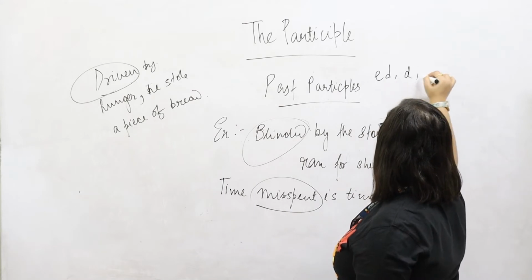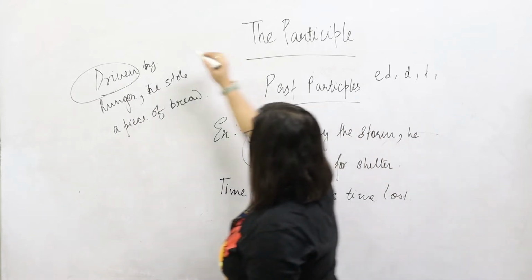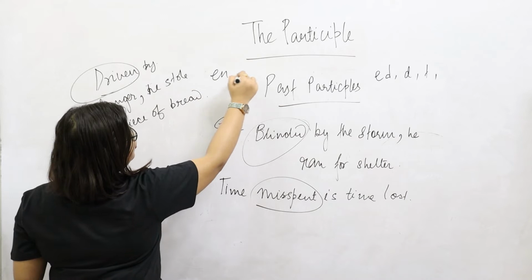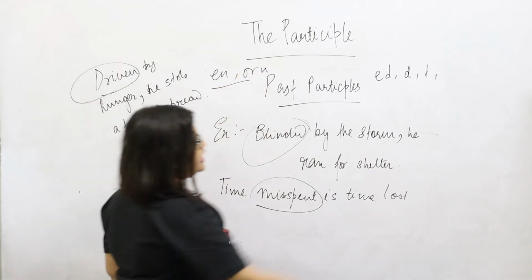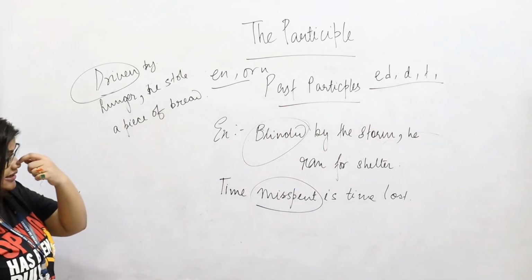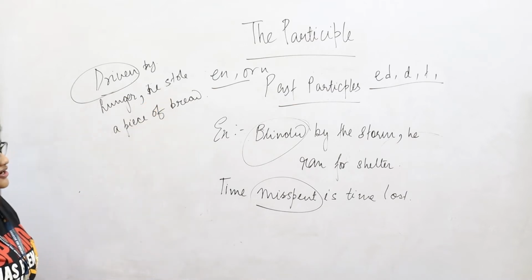d, t, en or n. Usually past participles would end in the form of the verbs as ed, t, en or n.